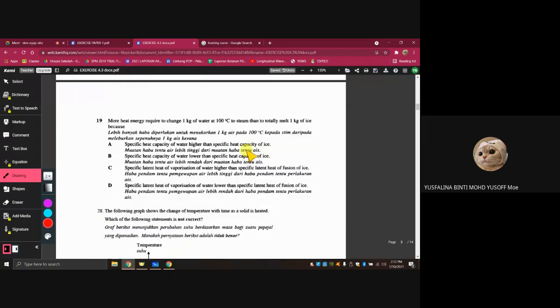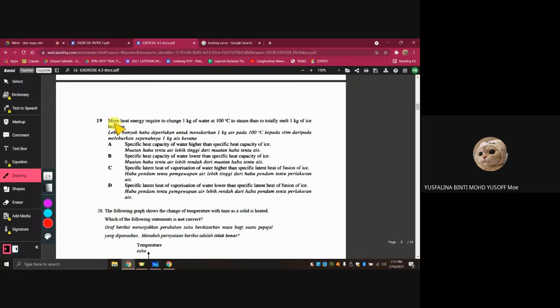Okay, number 21. It says here more heat energy is required to change 1 kilogram of water at 100 degrees Celsius to steam, than to totally melt 1 kg of ice. Because we already discussed in our class, if you change liquid to gas, it needs to overcome two conditions.